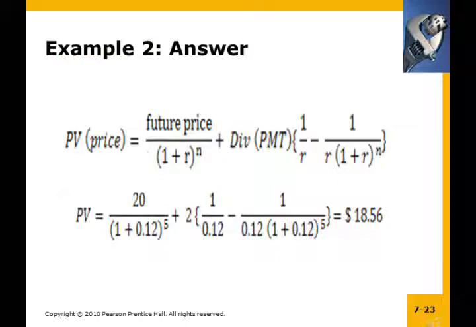So applying the rule, the present value will be equal to the present value of the future price, which is future price divided by (1 plus r) to the power n, plus the present value of the annuity of dividend, which is dividend times 1 divided by r minus 1 divided by r times (1 plus r) to the power n. And the result will be 18.56. So here you apply the second rule, which is the same rule as the rule of pricing the coupon bond.